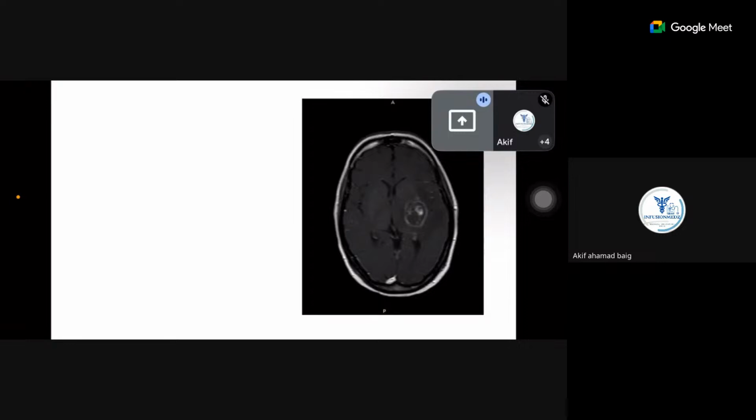So what is this? If you are in a government setup, you tend to be the center for retroviral patients. This is an HIV patient. Tuberculoma? Generally, you see a target here, a target and a target within a target. So toxoplasmosis. This is a toxoplasmosis related eccentric target sign seen in HIV patients.